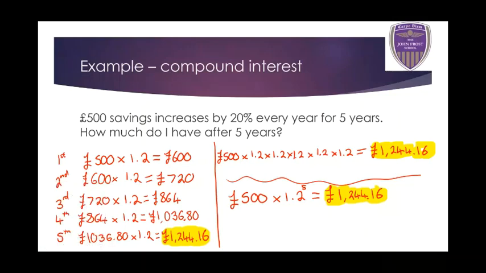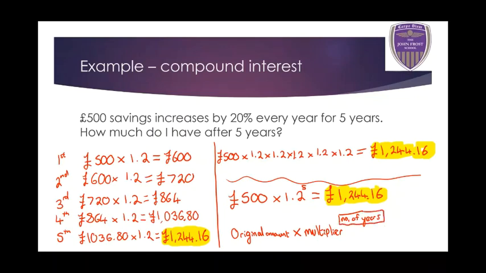Okay, and all we've done there, the formula we use for this, the compound interest formula, is our original amount times by the multiplier to the power of number of years. Okay.